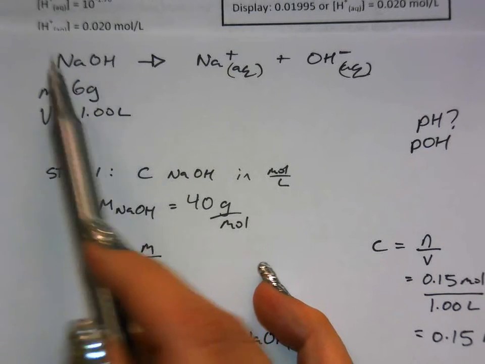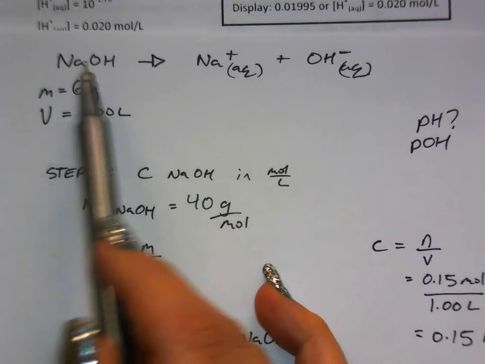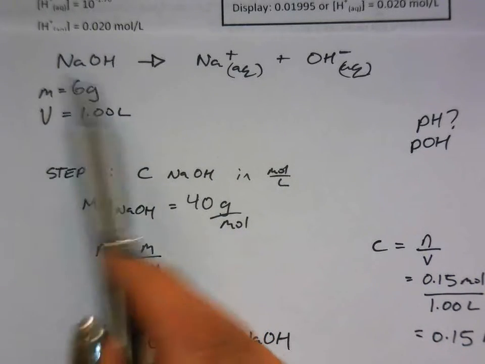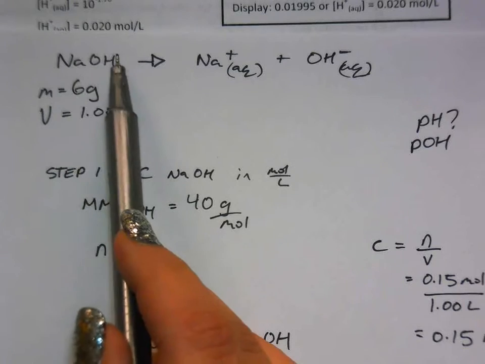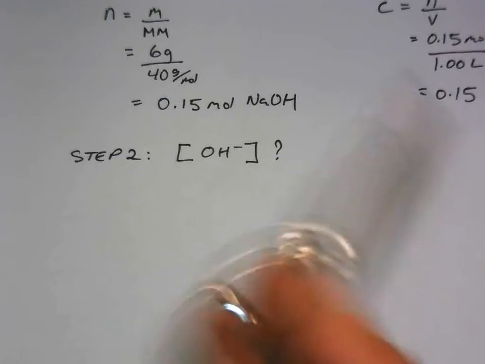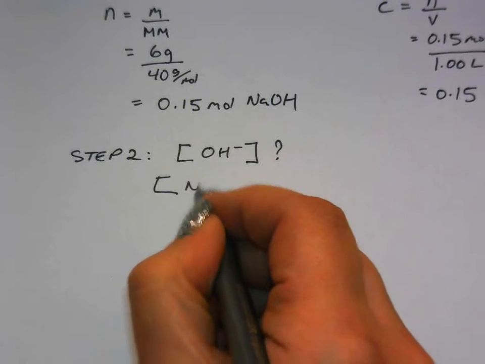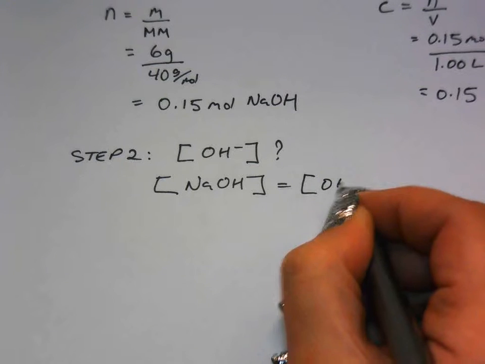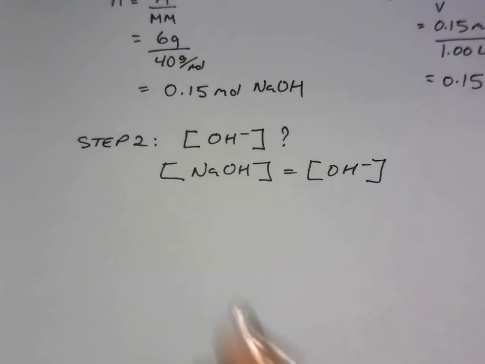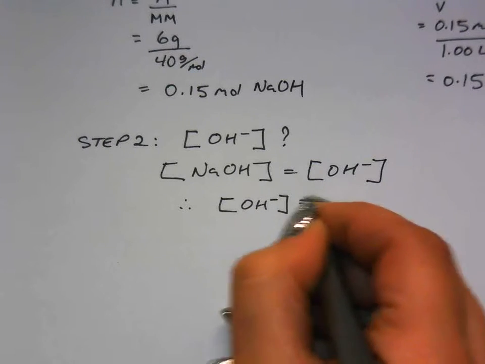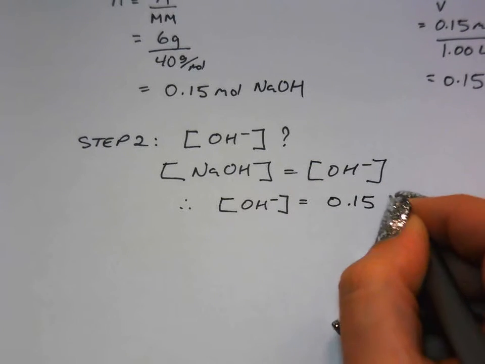It's going to split into its 2 ions. Hydroxide is one of the ions. Every 1 NaOH donates 1 OH to solution. The concentration of NaOH is going to equal the concentration of OH. Therefore, the concentration of OH is going to be 0.15 moles per liter.